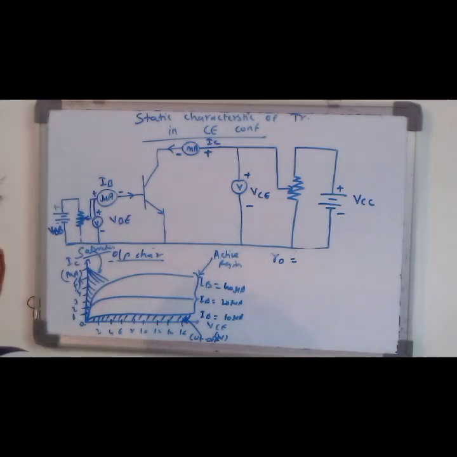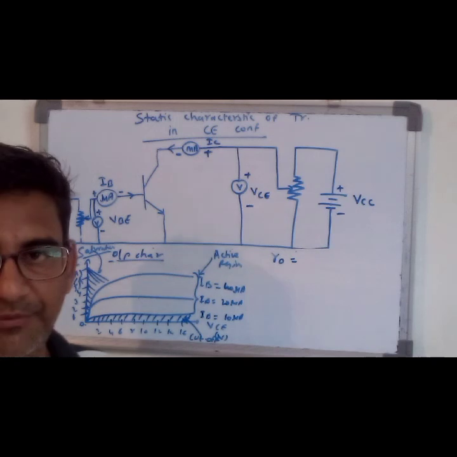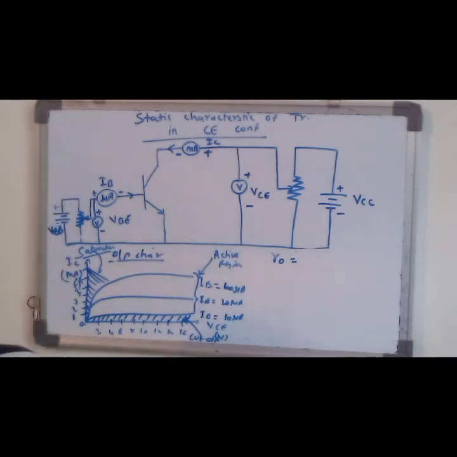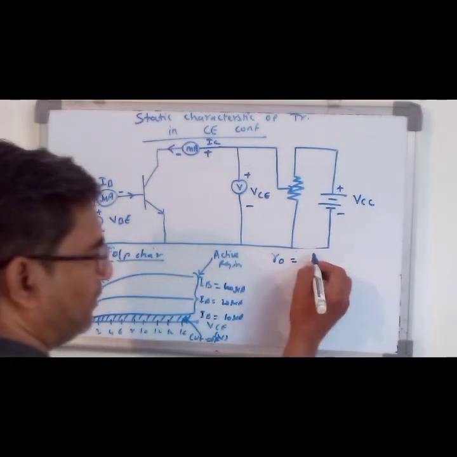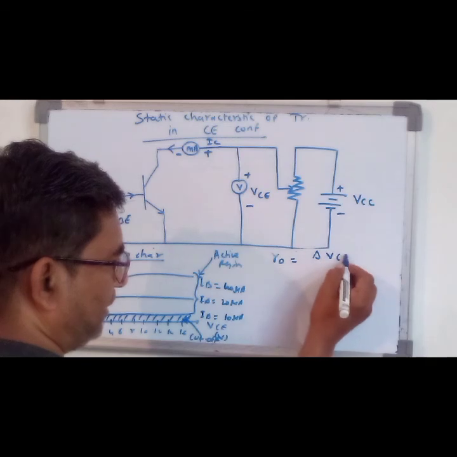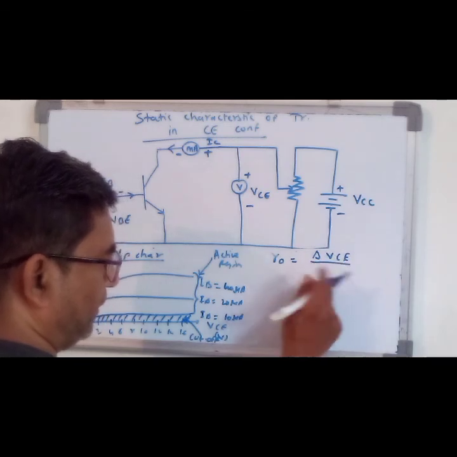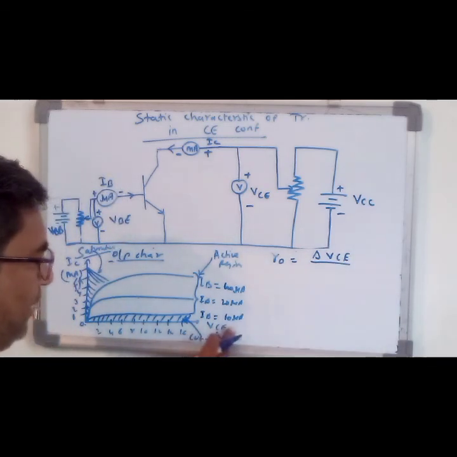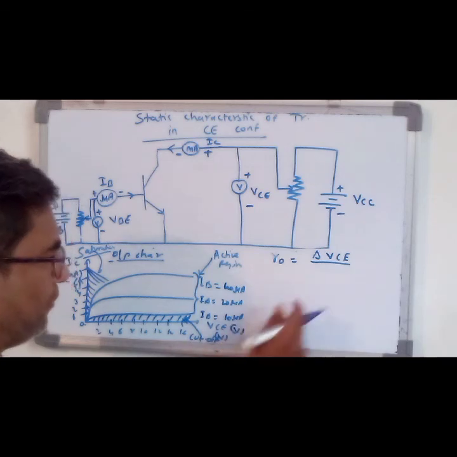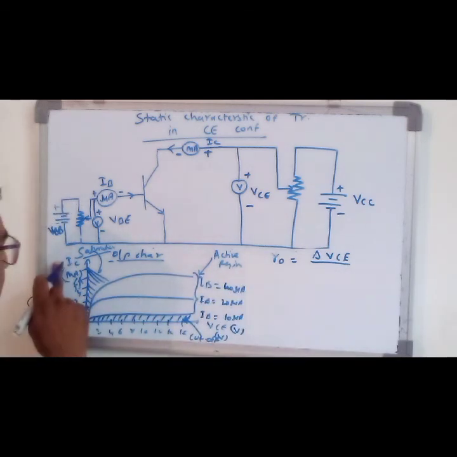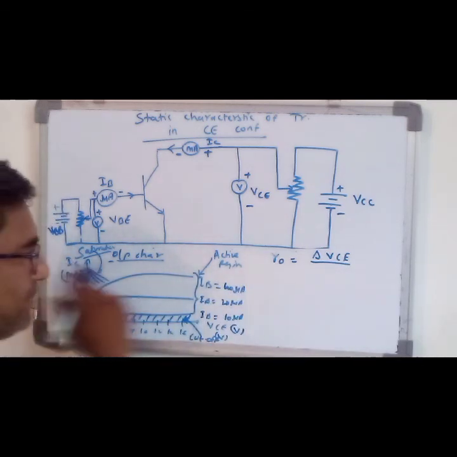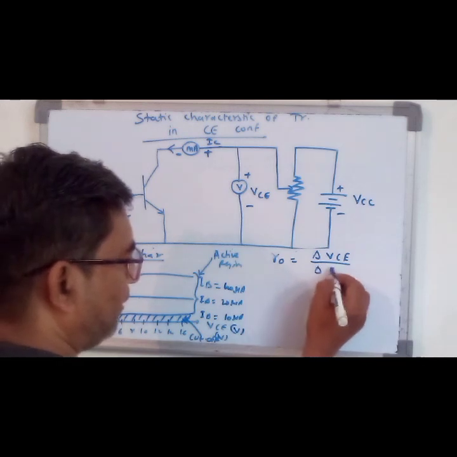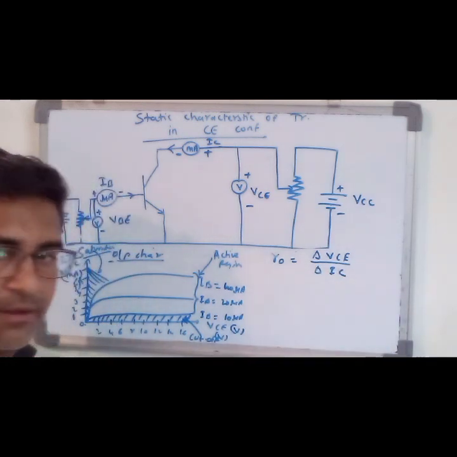V is equal to I into R, meaning R is equal to V upon I. So V upon I is nothing but del of VCE, which is calculated in volts, over the y-axis value, which is IC, so del of IC.